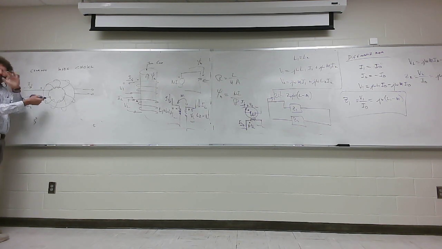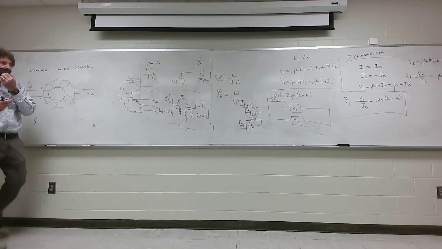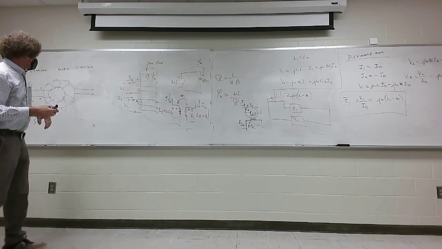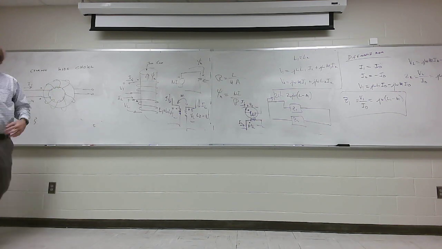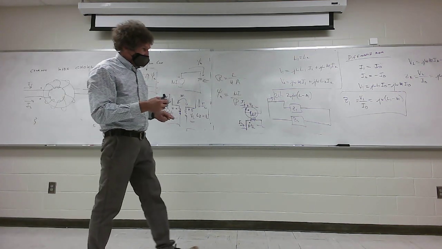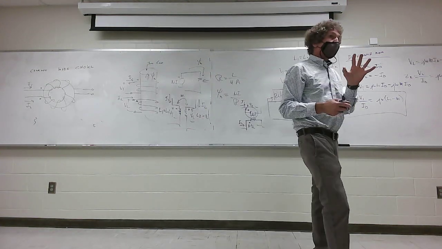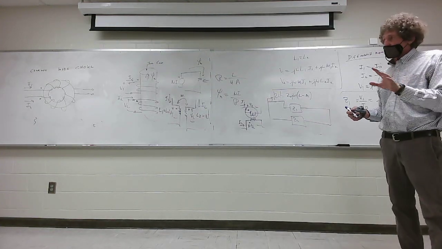If M becomes very close to L, and most of the time, because this is going to be a ferrite right here, and all the flux is going to be linked in there, M and L are almost identical. Y'all with me?